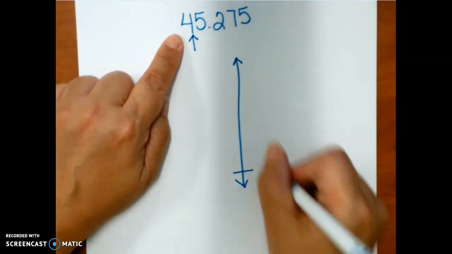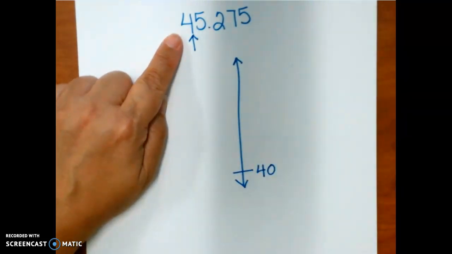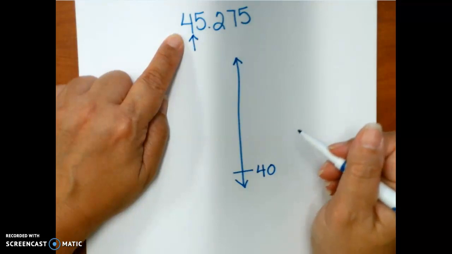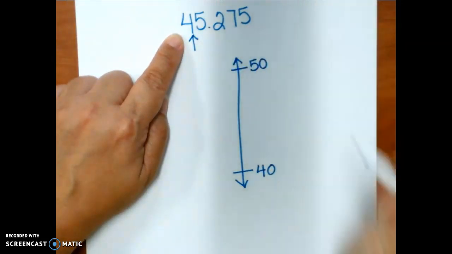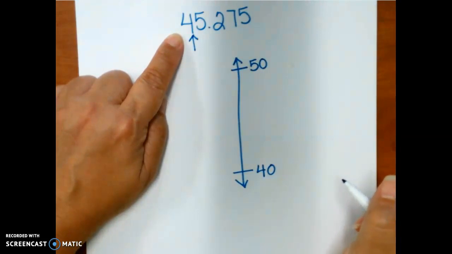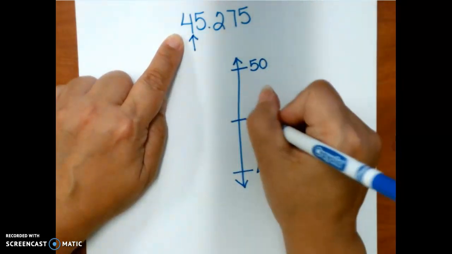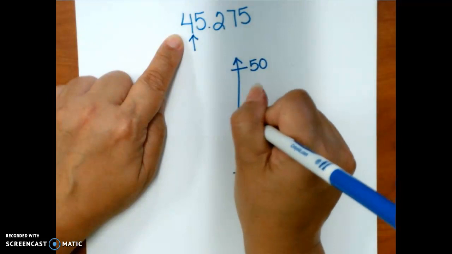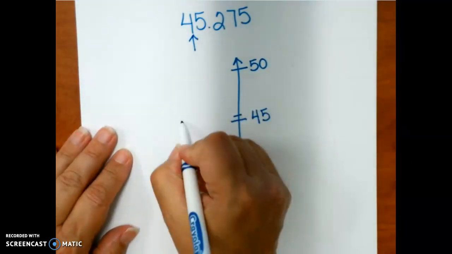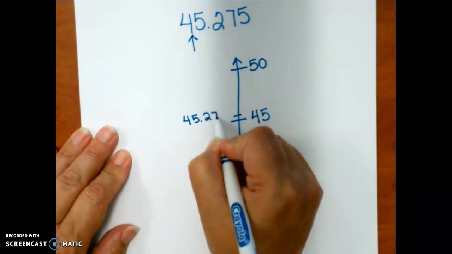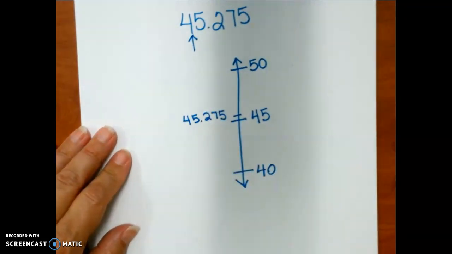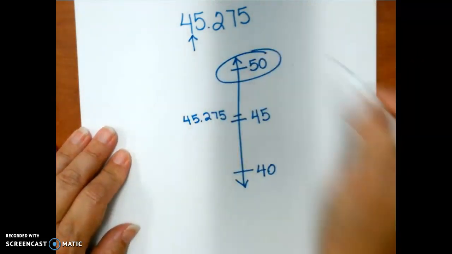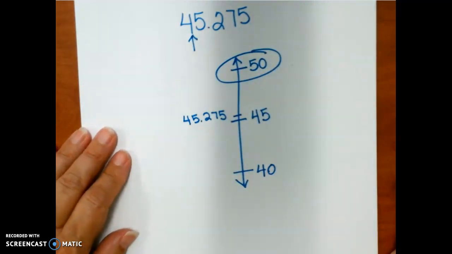I have 4. So 40 is the bottom of my number line. How much is one more 10 than 40? That's 50. What's in the middle? Halfway between 40 and 50 is 45. This number is just a little tiny bit bigger than 45. So 45 and 275 thousandths is above my midpoint of 45. So to the nearest 10, I would round it to 50. You still with me? Awesome.